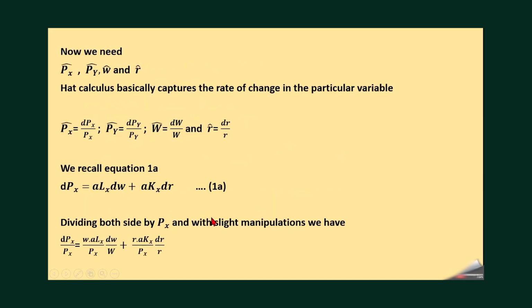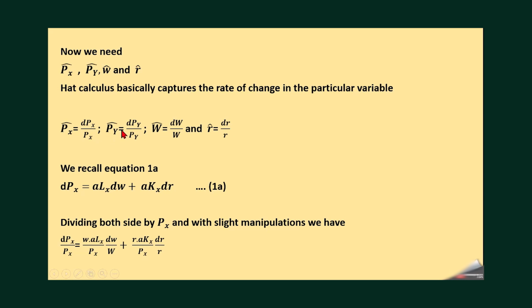Now we need Px hat, Py hat, W hat and R hat. For those students who are not familiar with hat calculus, it is nothing but a process to find the rate of change in a particular variable. So Px hat basically means dPx by Px, so change in Px with respect to Px.